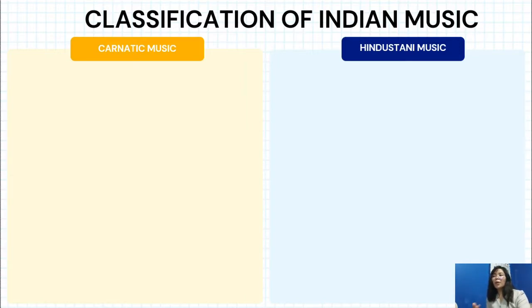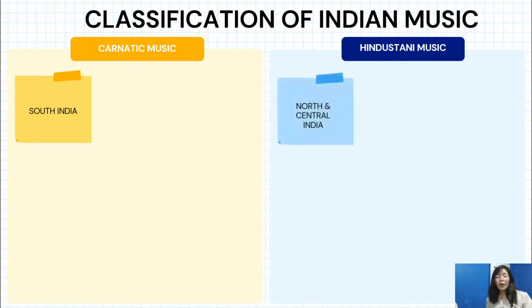One prominent comparison is the point of origin, or where this music comes from. First we have Carnatic. It originated in the southern part of India, while Hindustani music originated in north and central India.